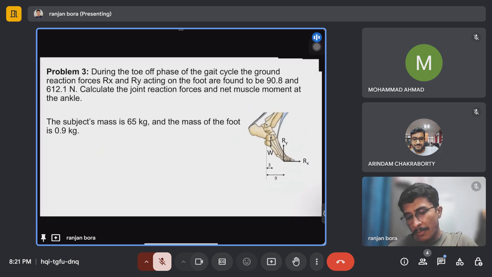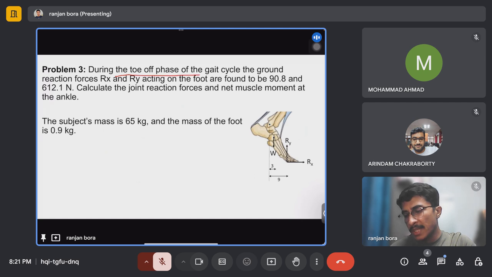Okay, so we'll solve one problem. During the toe phase of the gait cycle, the ground reaction forces Rx and Ry acting on the foot are found to be 90.8 and 612.1 Newton. Calculate the joint reaction forces and net muscle moment at the ankle.